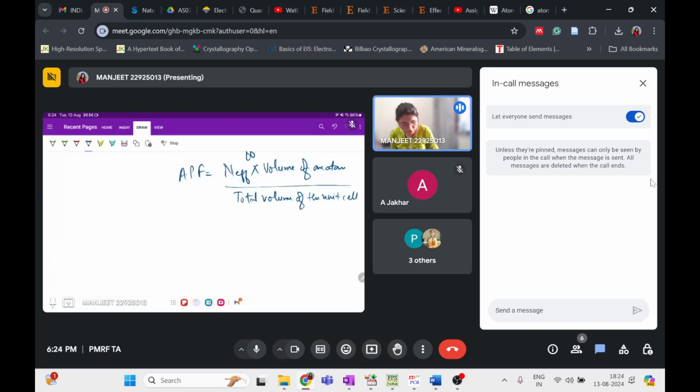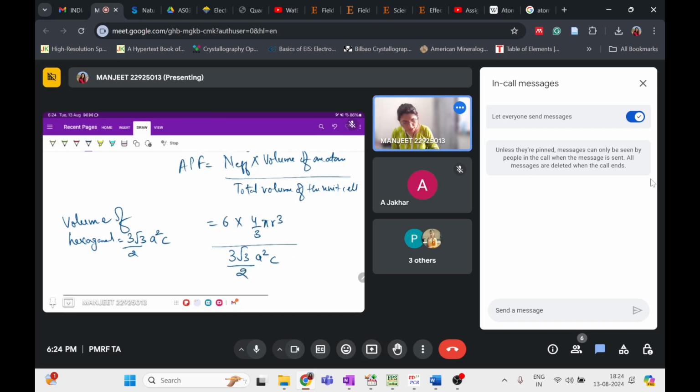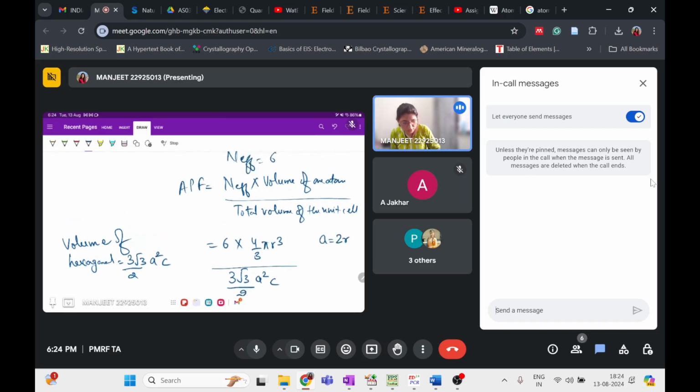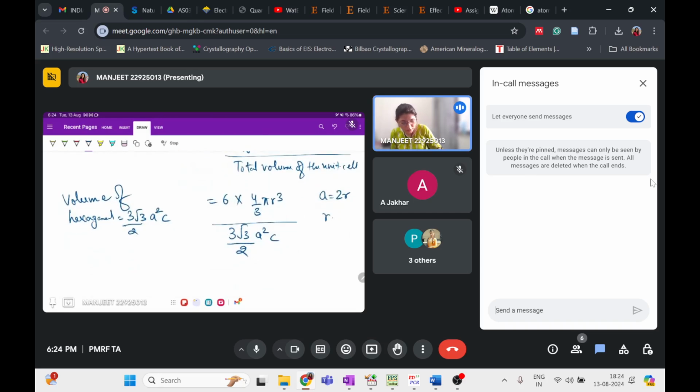We consider all the atoms as spheres, so volume of the sphere is equal to 4 by 3 pi r cube. And volume of the hexagonal structure is 3 root 3 by 2 a square c. So this will become 3 root 3 a square c by 2, and we already know a is equal to 2r, so my r will be a by 2.